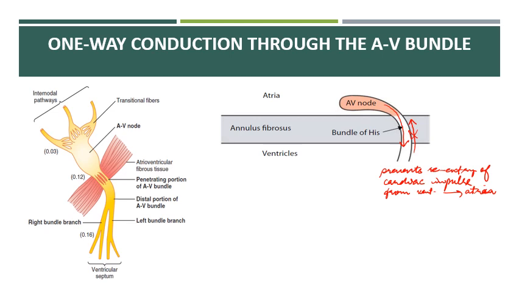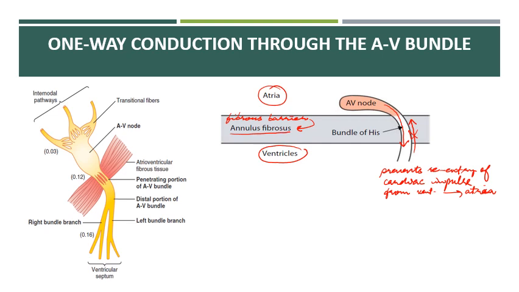The reason for this inability of the AV bundle to conduct impulses in the backward direction is that everywhere except at the AV bundle, the atrial muscle is separated from the ventricular muscle by a continuous fibrous barrier called annulus fibrosus.